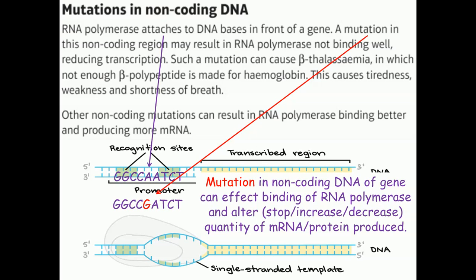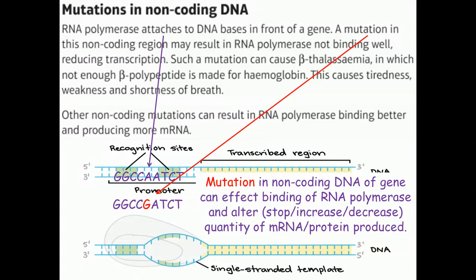So if there is a mutation in the non-coding region in front of the gene, it could cause the RNA polymerase to either bind more effectively, which will increase the quantity of mRNA produced, which will then increase the amount of protein that is produced, or it could affect the binding of the RNA polymerase negatively, and this will either stop the RNA polymerase from binding, which means that no mRNA and thus no protein will be produced, or it could decrease the amount of mRNA that is produced and therefore less protein is produced.